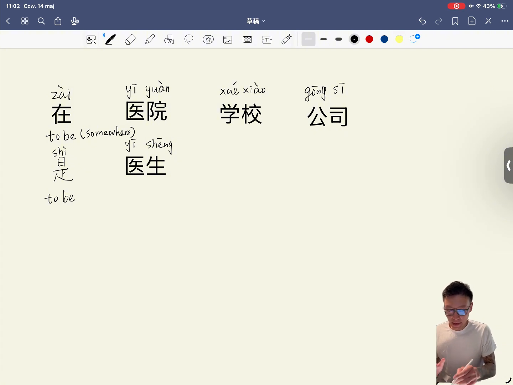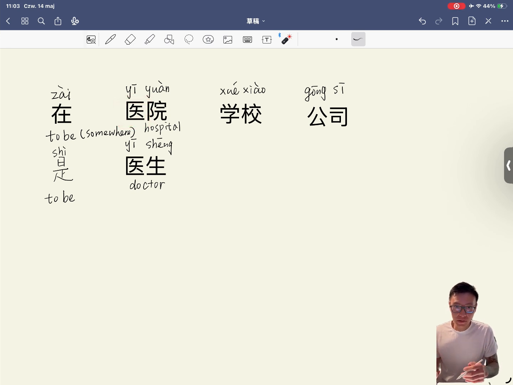All right. And the second word, 医院, means hospital. And the third word, 医生, means doctor. And I think you can see in hospital, 医院, and doctor, 医生, they share the same character, which is 医. 医 is somehow related to medical.